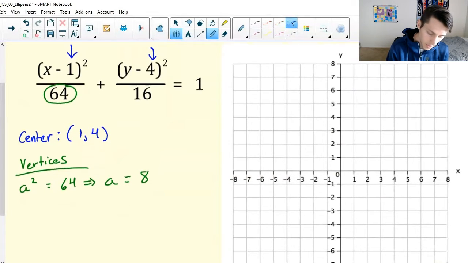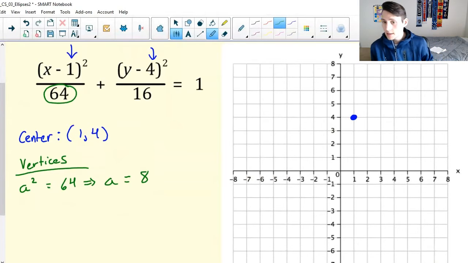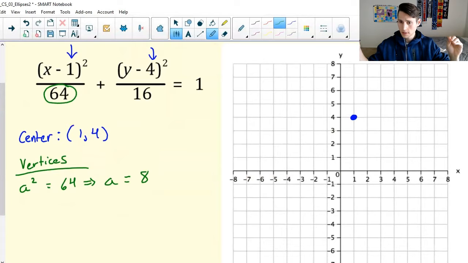So let me put up my graph. (1, 4), so here's that center. And then for the vertices, since this is a horizontal ellipse, the vertices will be on the left and right side, that widest side. So I'm going to go to the right 8: 1, 2, 3, 4, 5, 6, 7, 8. So I'm 1 off the graph. That's okay.